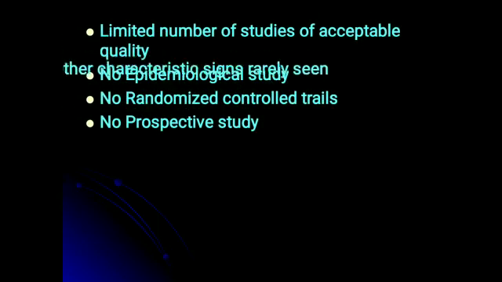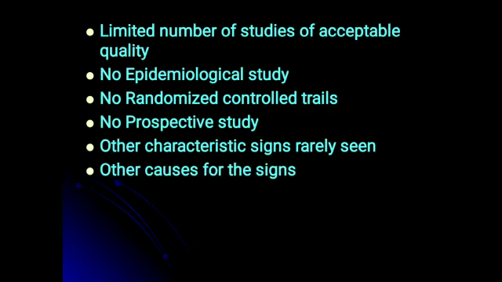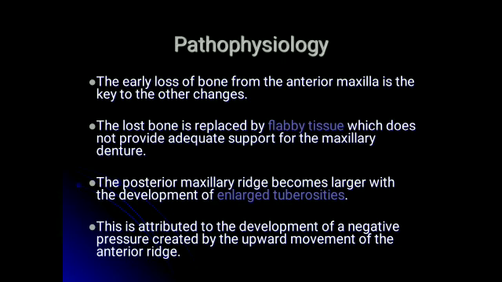There is a limited number of studies of accepted quality: no epidemiology study, no randomized controlled trials, no prospective studies. There are other causes for the signs, and other characteristic signs are rarely seen. Pathophysiology: the early loss of bone from the anterior maxilla is the key to the other changes.